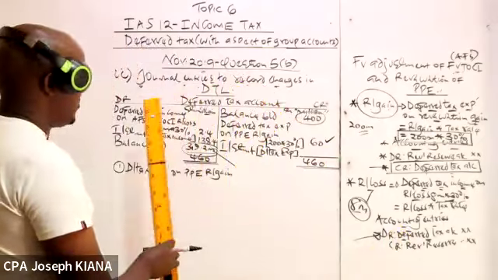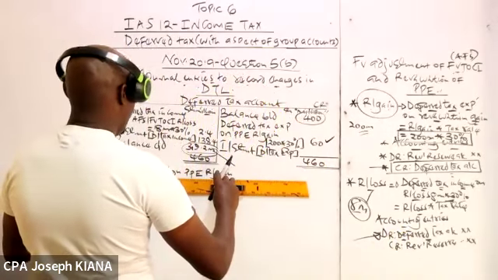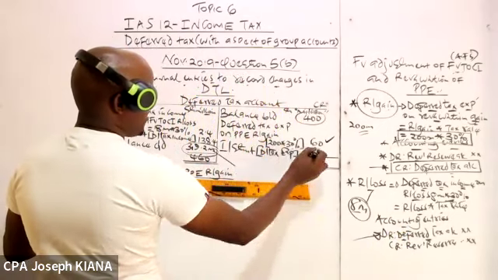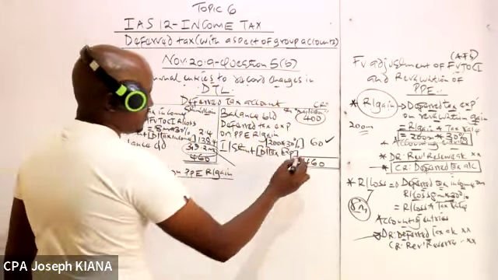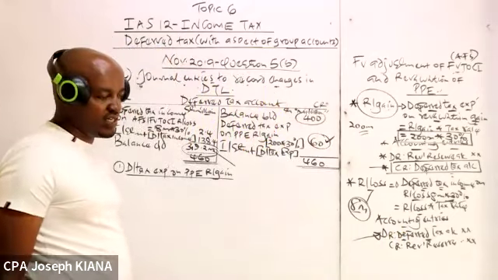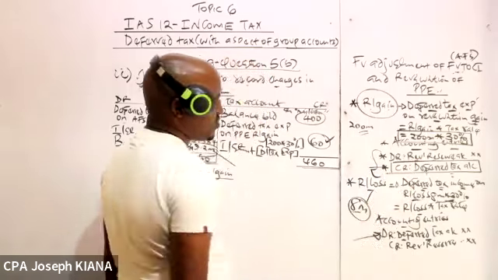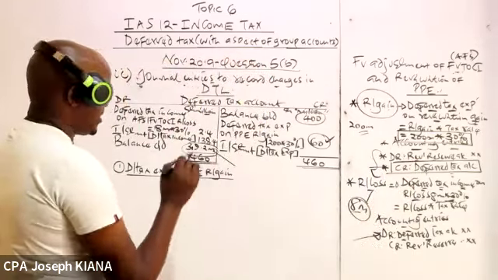So what is the journal entry? Journal entry, remember, is the double entry. Which account should be debited, or which account was credited with this particular amount here? So you can see this account is credited, but I hope you can remember the double entry here. So we debit the account called what? The revaluation reserve, we credit deferred tax.